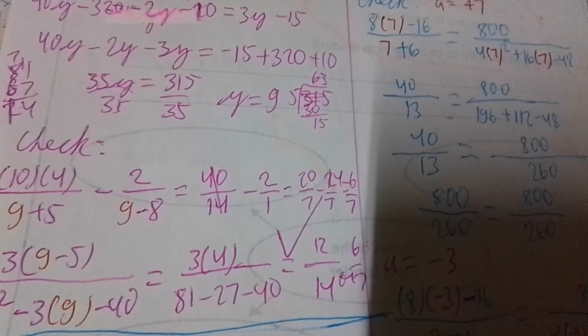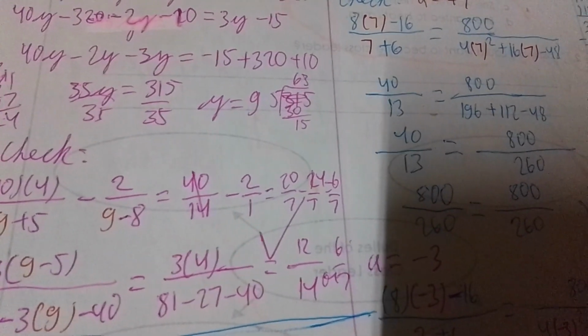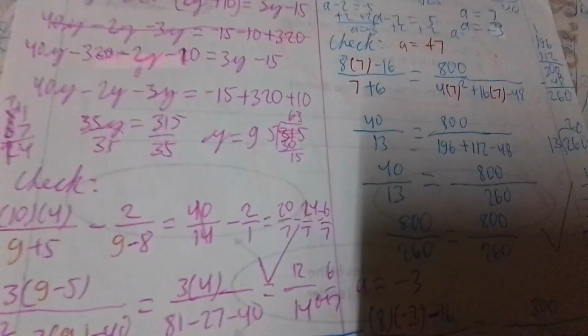Actually, it becomes negative 67. So right, that becomes negative 12 over 7, which is negative 67. So this still checks out. So that's it. That's how you do the math here.